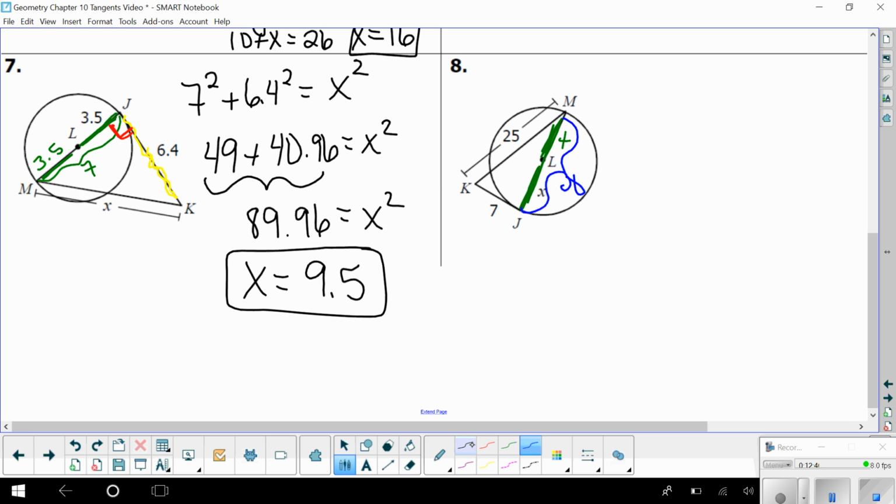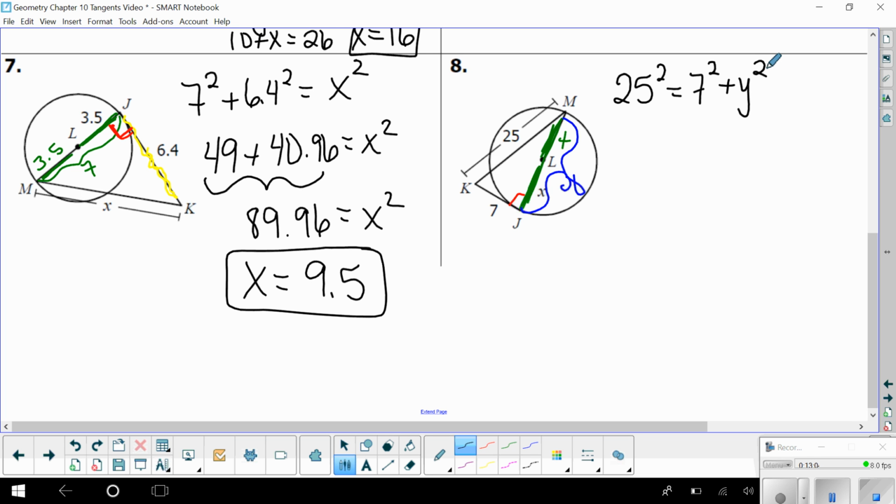And remember, it said that JK was tangent, so there's my right angle. So 25 squared equals 7 squared plus y squared.